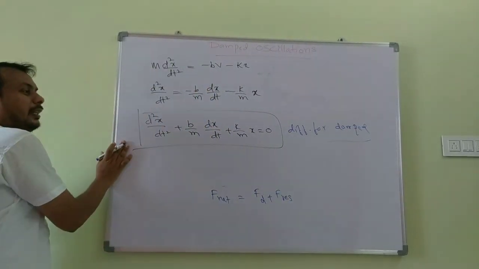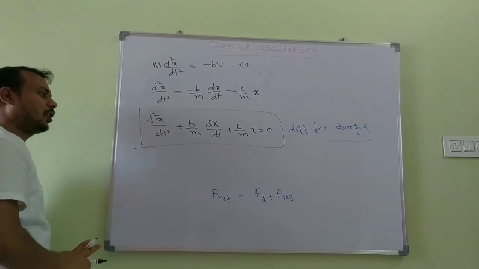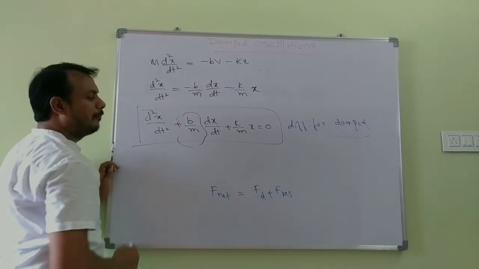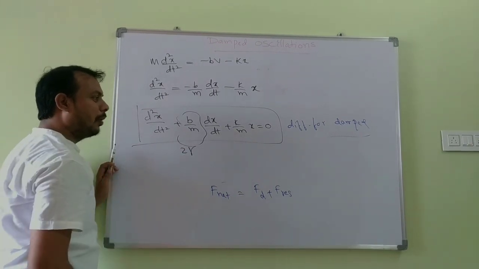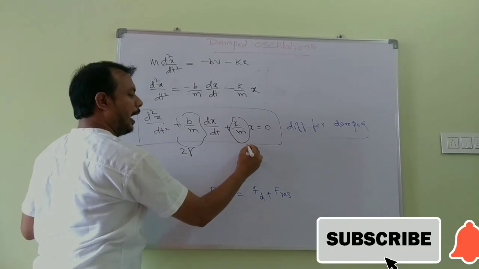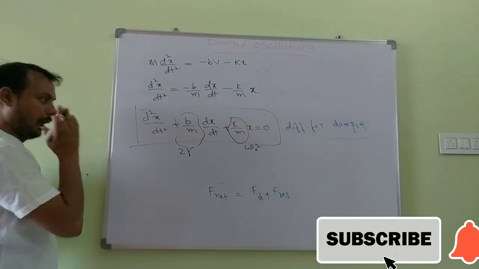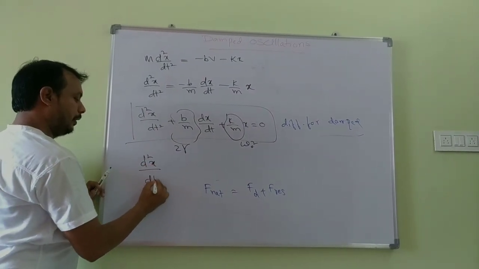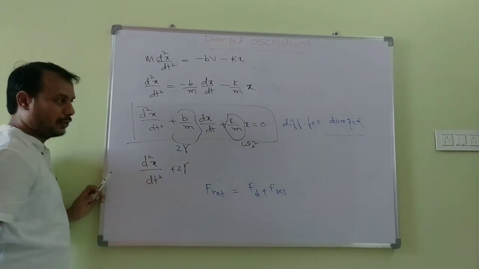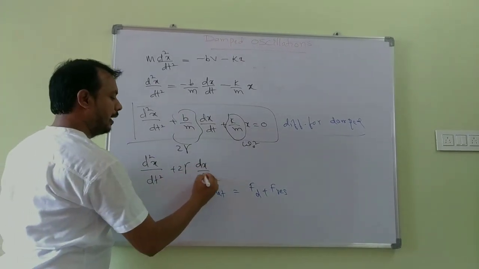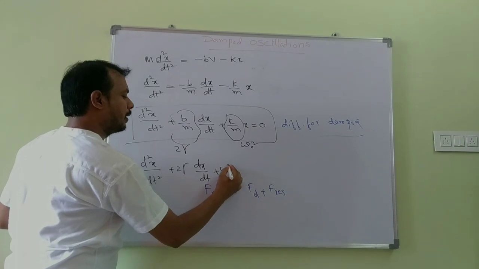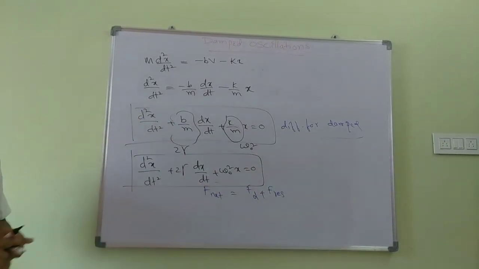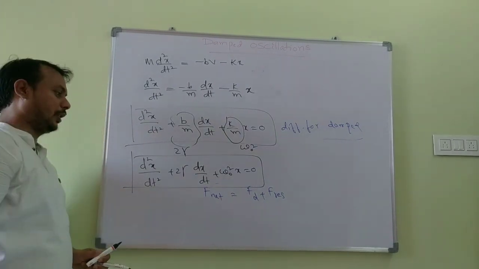A small correction for easy remembering: instead of b by m, it is taken as 2 gamma, and k by m is taken as omega naught square. So the equation is modified into d square x by dt square plus 2 gamma dx by dt plus omega naught square x equals 0. This is the differential equation for damped oscillations.